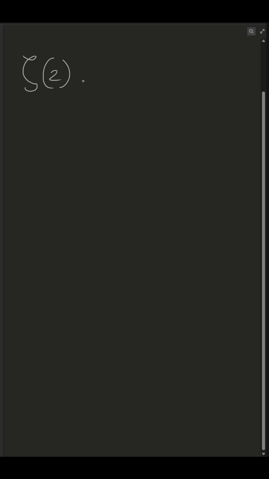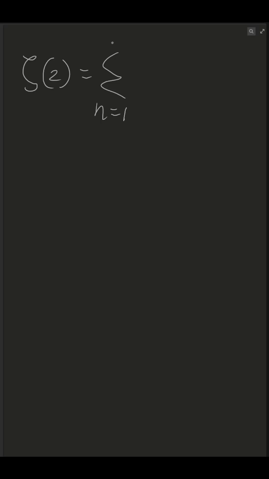So, what is the Basel problem? The Basel problem is essentially the sum of zeta of 2. Now we define zeta as the infinite sum from 1 to infinity of 1 over n to the s, where s are the inputs.